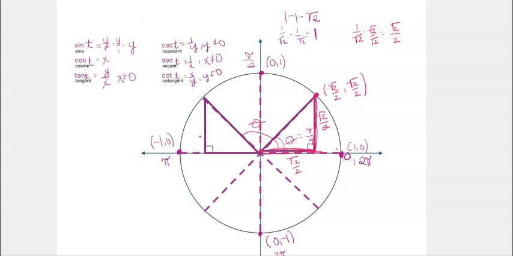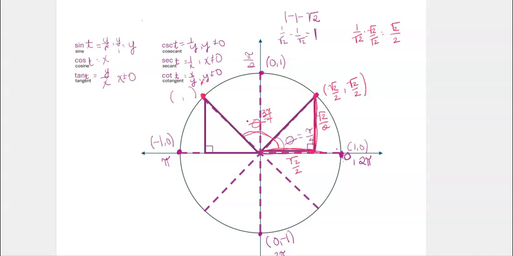So I would want to know the coordinates for theta when it's 3 pi over 4. I don't think I said that very clearly. When I am looking for theta 3 pi over 4, where does it land? It lands right here, where the pink dot is. And I want to know what the x and y coordinates are for that.